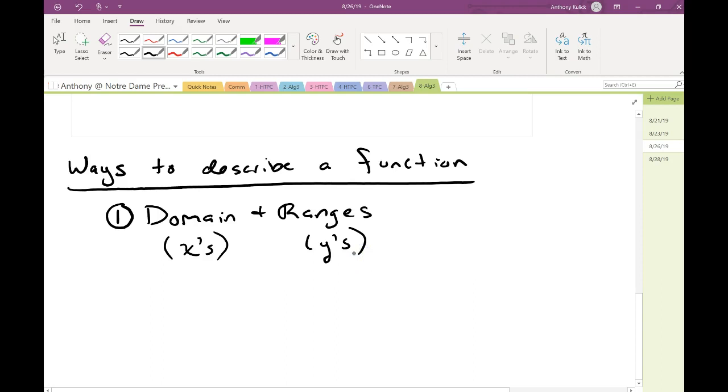So we're describing all the x's or x coordinates that are used in our function for the domain, and the range is that we're going to describe all the y's or y coordinates that are used in our function or relation.